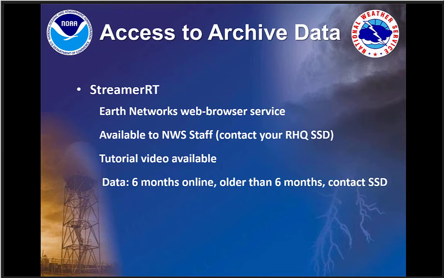Contact your local SSDs and they can provide you with the information on how to get accounts for that. I can also do that if you need to try a second source. There's also data available for older than 6 months. 6 months is online. Older than 6 months, we can also request that from Earth Networks through your SSD.